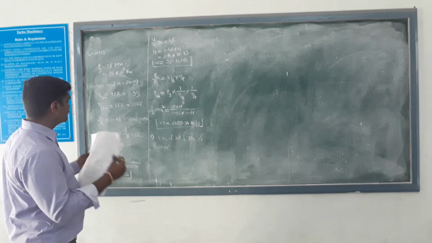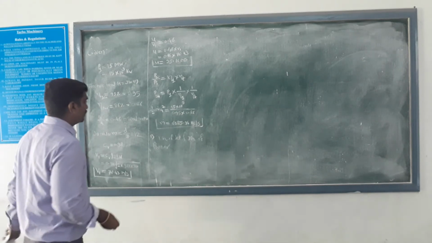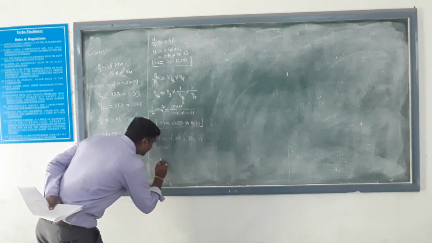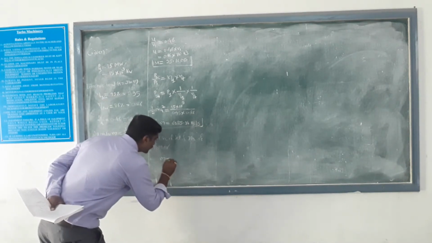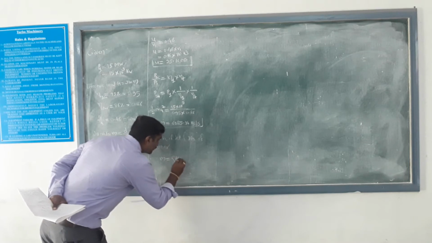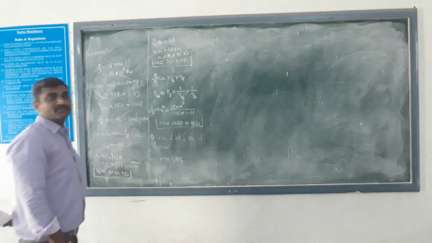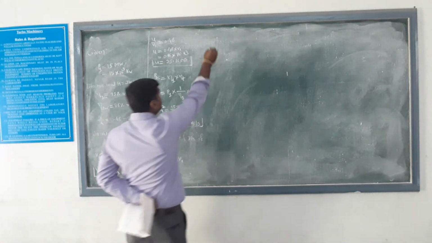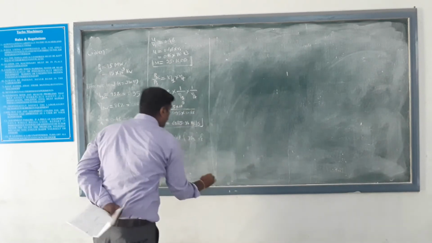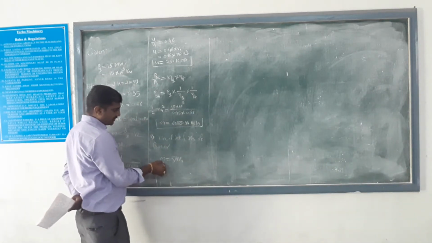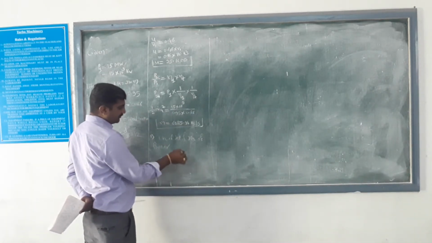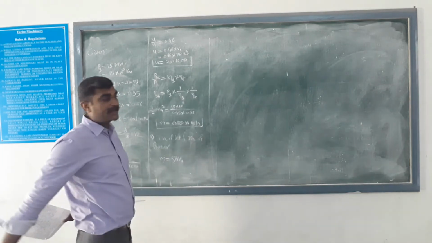See here, we know mass flow rate. Mass flow rate equals rho A V1. This formula we know. In this formula, we know mass flow rate, density, and V1. The only unknown is area.